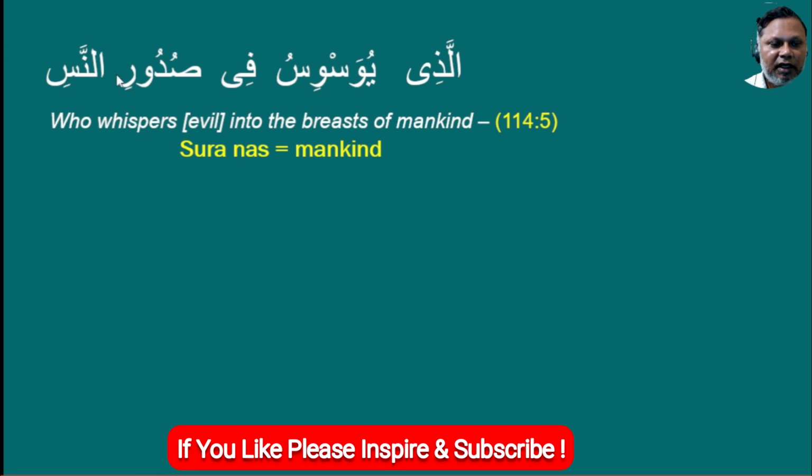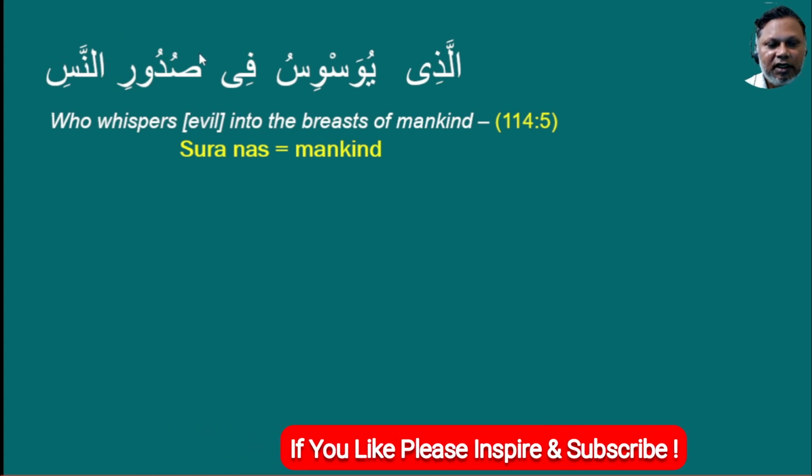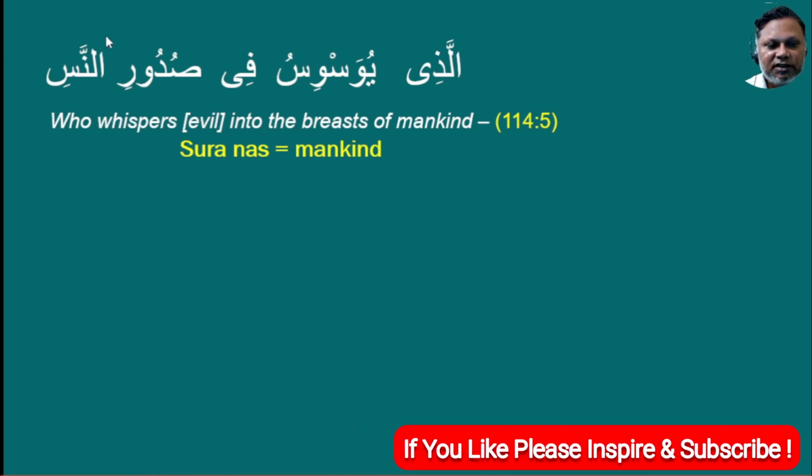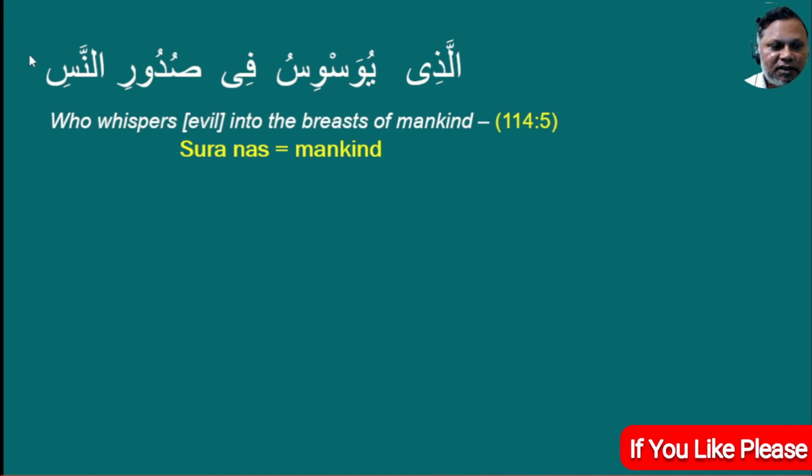The relation between sudur and nas is mudaf and mudaf ilayhi. According to the rules, the mudaf will be dhamma and the mudaf ilayhi will be kasra. But here we are seeing the mudaf is kasra and the mudaf ilayhi also kasra. Why? Because of this fi.